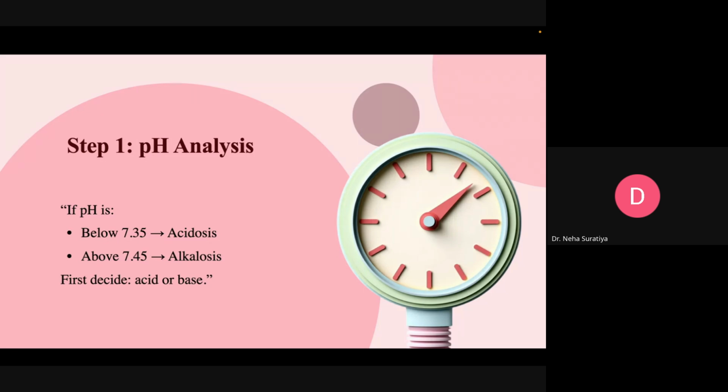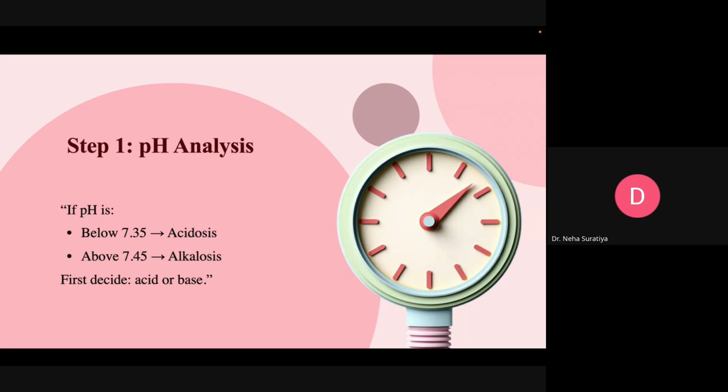So acidosis is acid, and alkalosis is basic. This gives you a sign of the acid status. So first, decide acid or base. That is the very first step of ABG interpretation. You need to assess pH first. You have an idea of the scale 1 to 7 and 7 to 14, right? So below 7.35 is acidosis, and if it is greater than 7.45, it will be alkalosis.